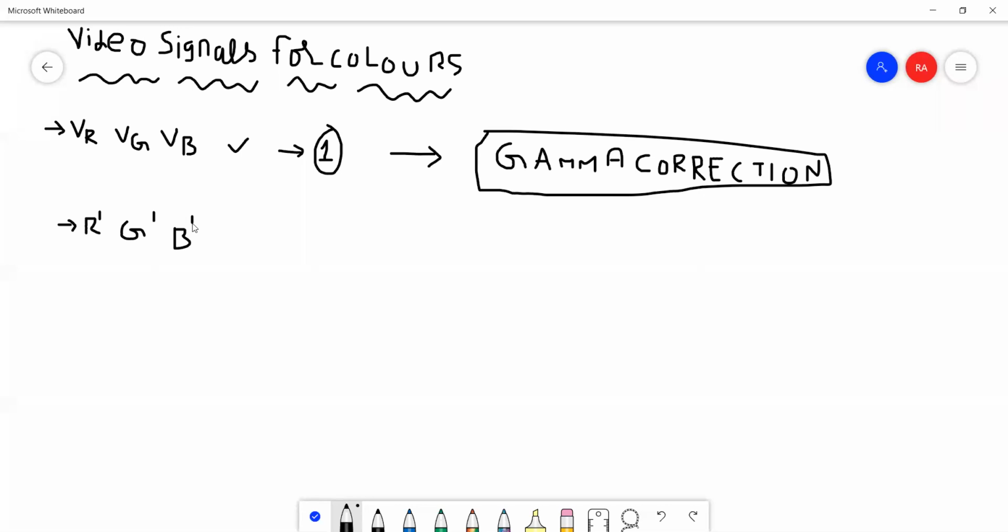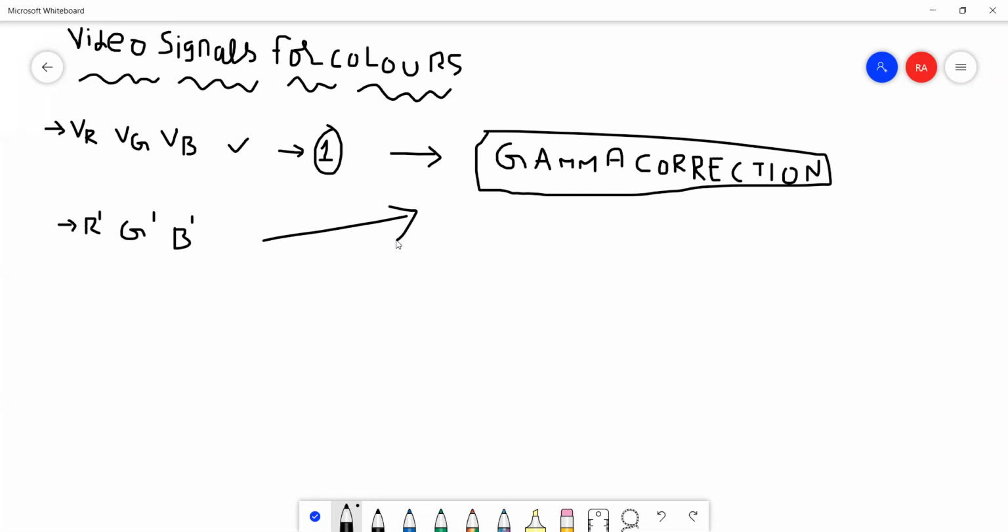These are the corresponding primary colors. After making this gamma correction in the possible way, this will be formed.